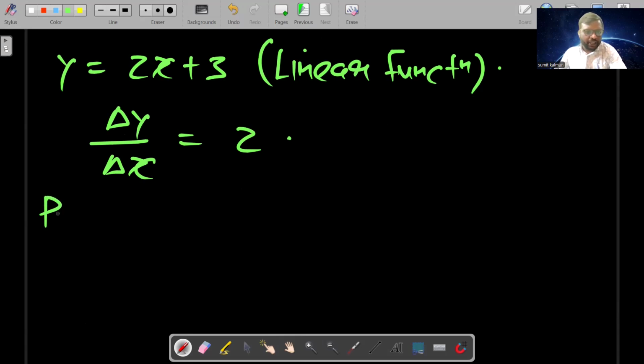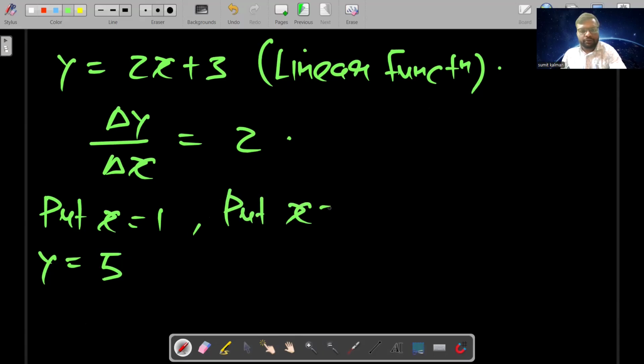Put x is equal to 1. So what we will get? Y is equal to 2 plus 3, 5. Next, put x is equal to 2. What we will get here? Y is equal to 7.